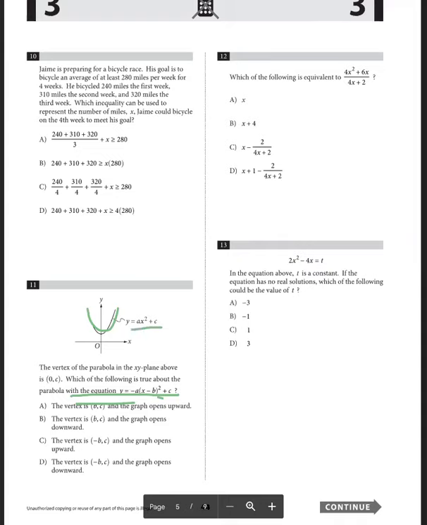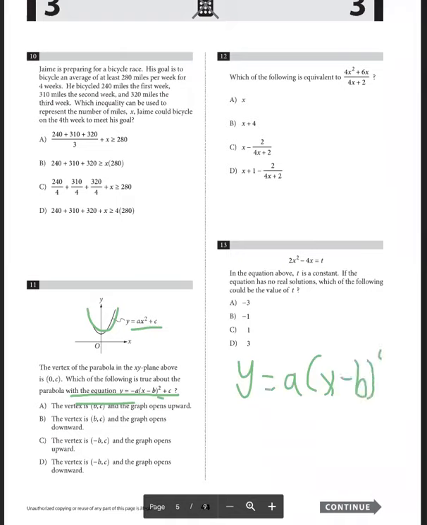So let's see. It says, which of the following is true about the parabola with the equation that, and the equation there is put in vertex form. If you go back to vertex form, I'm not sure what letters go exactly in it, but when it's written like this, y is equal to a(x - b)² + c, I'm just going to write the letters that they have there.